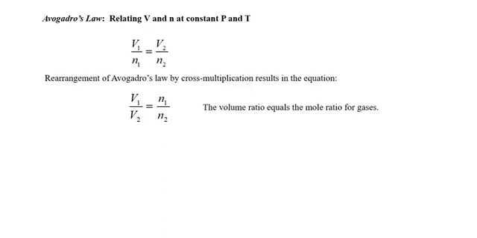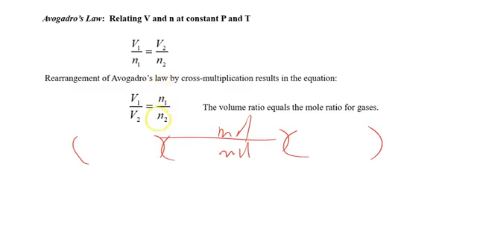If you remember your stoichiometry, we have conversion factors, you have mole to mole conversions. Well, here's a mole to mole ratio, which is a coefficient ratio, and in these problems, a mole to mole coefficient ratio is a volume ratio. So volumes can be coefficients. Well, that's kind of cool.